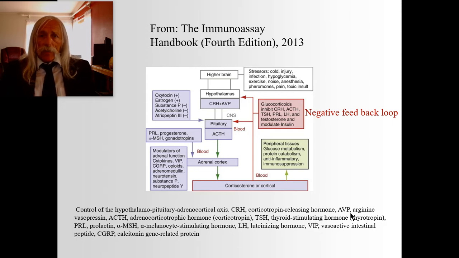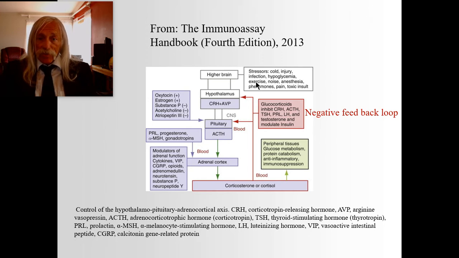So this is, again, from that same immunoassay handbook to remind you of what we're talking about here. So higher brain function, the central nervous system, any stressors, such as being exposed to very cold or frigid conditions or very hot conditions like in the desert or on top of a mountain in February. Any injury, that can include any kind of contusions or lacerations or any kind of bruising or damage to the body.